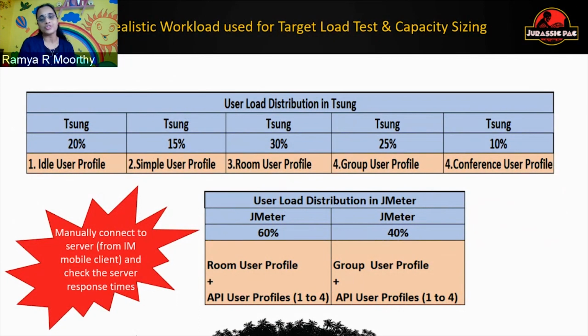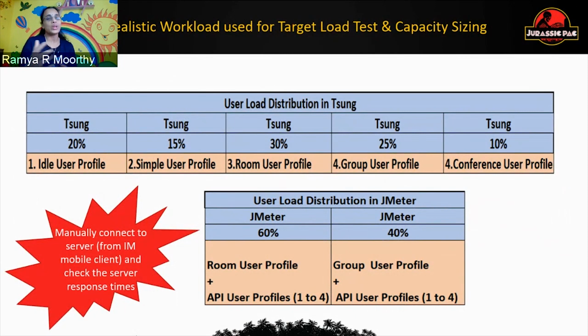If you look at JMeter, we have to do a small testing with XMPP as well to bring the additional realistic profile that we wanted to create, because in real time, there is no one user who will have only API workload. They usually have a mix of it. So we tried to create a very good realistic workload, which would help us to benchmark and then do a capacity sizing.